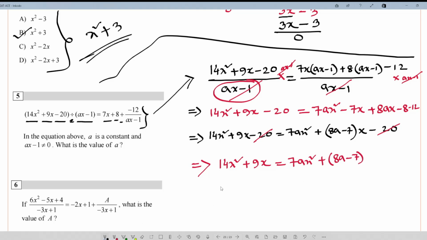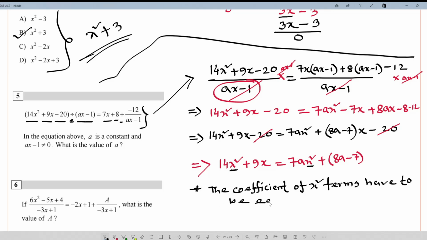Now look, here x square and x square, the coefficients will be equal. So we can write like this: the coefficient of x square terms have to be equal.